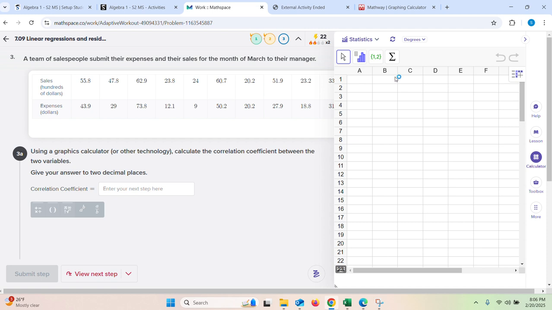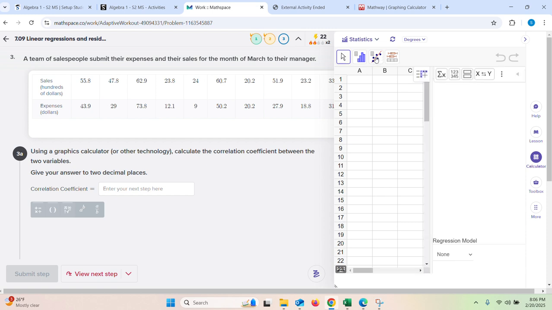When you first do it, it's going to open the spreadsheet. You enter the data. The X's go in A, the Y's go in B. Then you hit the chart. You click this little symbol because this is what we're looking for, a regression. You have to highlight the numbers.